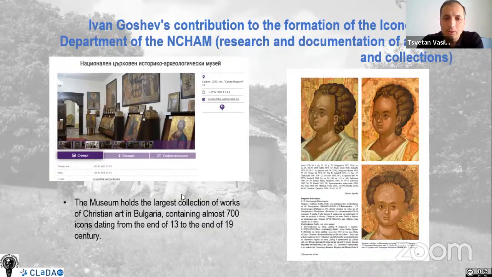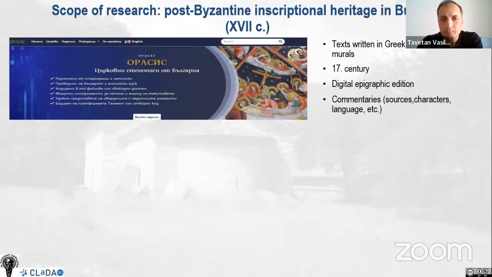And now I come to ORASIS project itself. You see here the initial, the starting page of the website. It is still under construction, and we have only about maybe 20 inscriptions from Seslovci monastery.